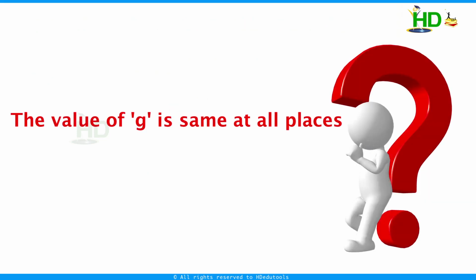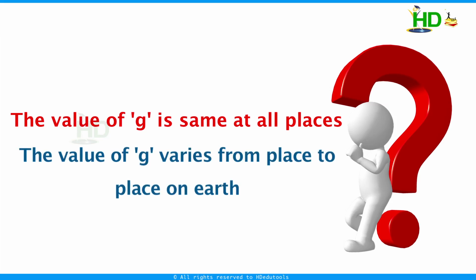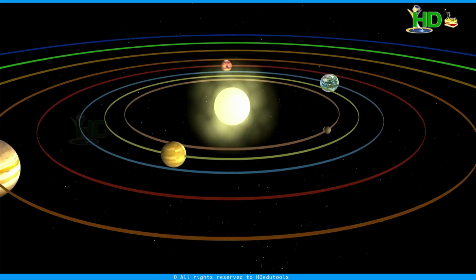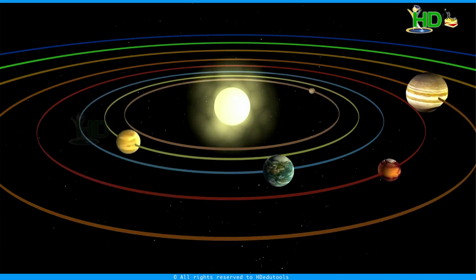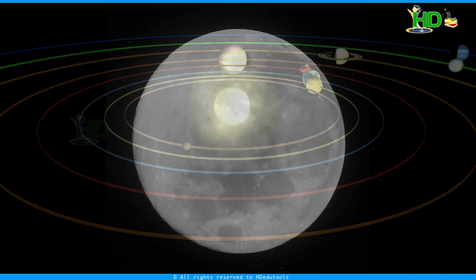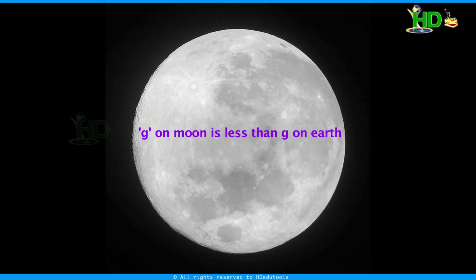Now the question is, is the value of g the same at all places? The value of g varies from place to place on Earth, and also it varies from planet to planet. The value of g depends on the mass of the planet and radius of the planet. If you go to the Moon, since the mass and radius of the Moon are less compared to Earth, automatically the value of g, that is acceleration due to gravity, on the Moon is less compared to Earth.